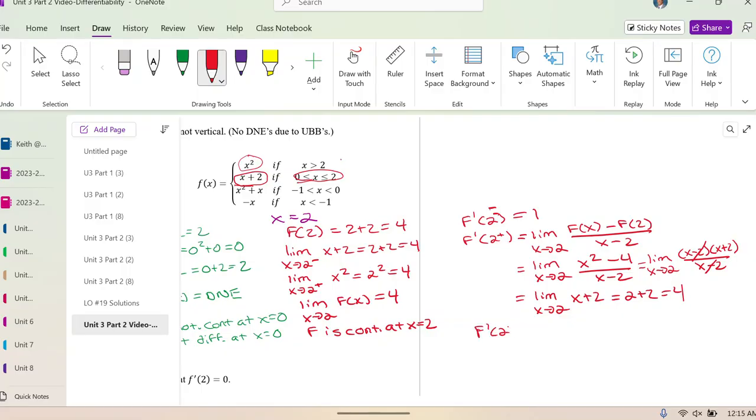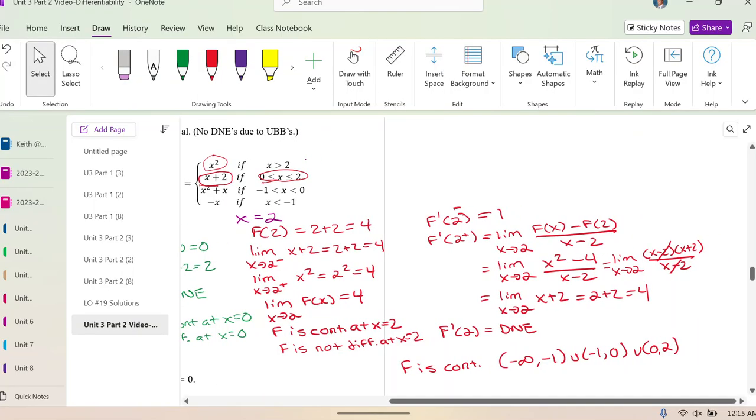Therefore, f prime of 2 does not exist because the derivative from the left and right are not the same. So therefore, f is not differentiable at 2. So f would be continuous from negative infinity to negative 1, from negative 1 to 0, from 0 to 2, actually from 0 to infinity.